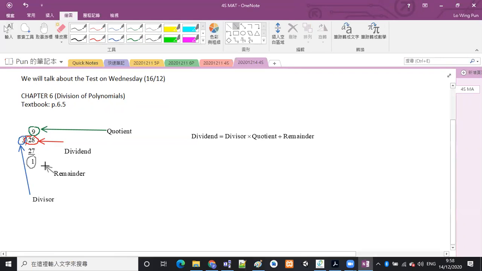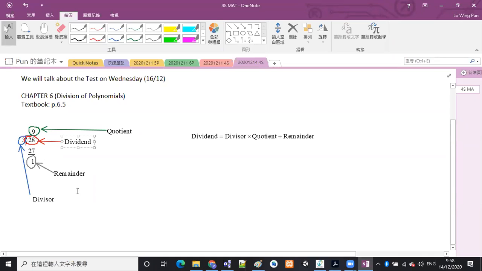So remember, in a division there must be these 4 elements. In any division, no matter whether it is the division of numbers or later the division of polynomials involving unknowns, we have these 4 members. The dividend is divided by the divisor, and then we get a quotient, and finally we may have a remainder.